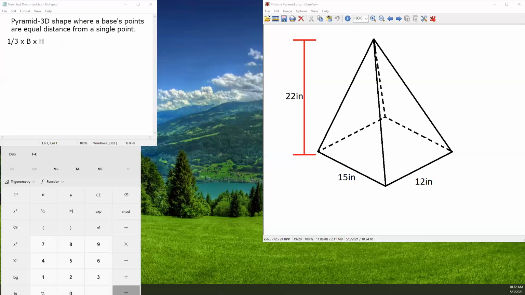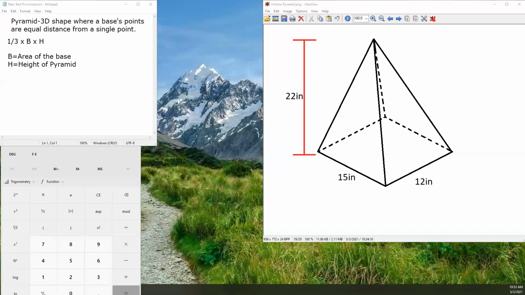Nice and easy. And then, of course, B equals area of the base. Big H equals height of pyramid. And from there, we can just solve this out.